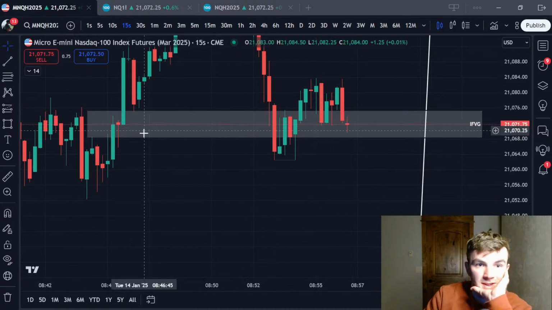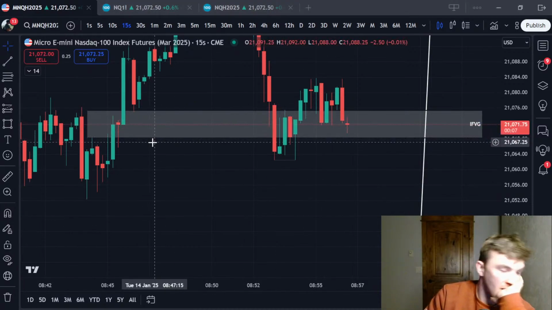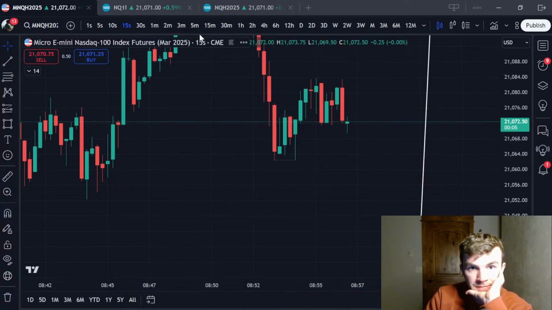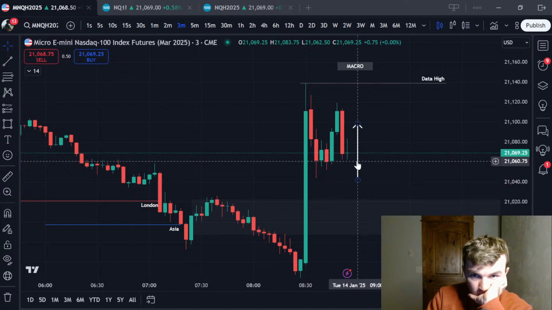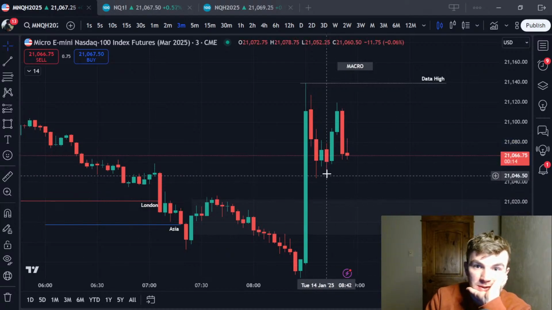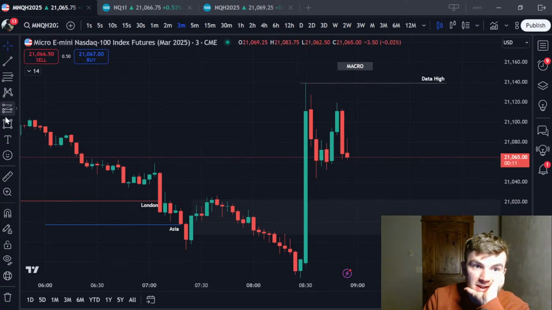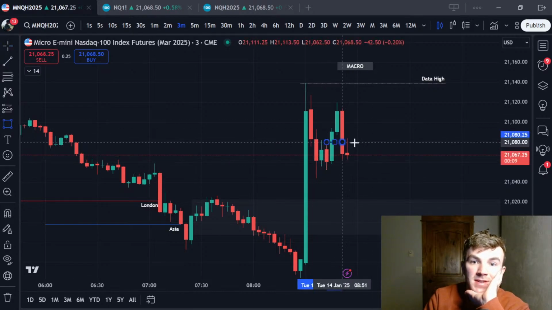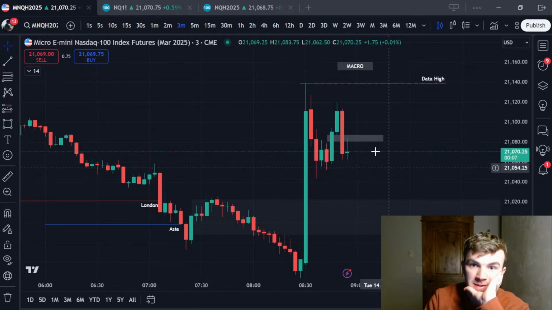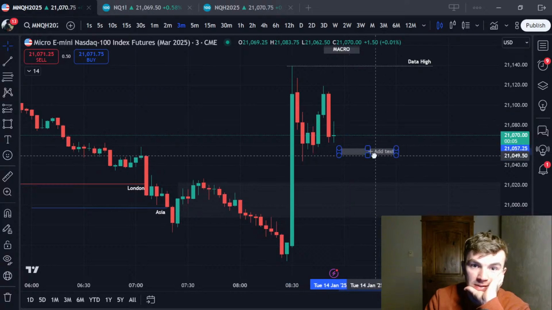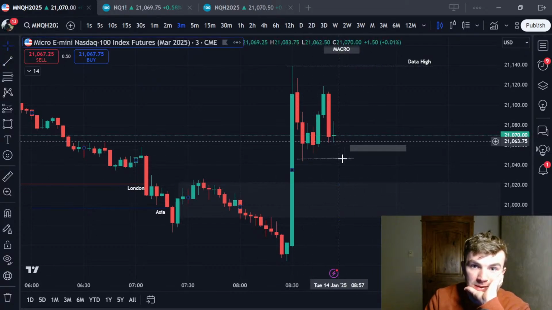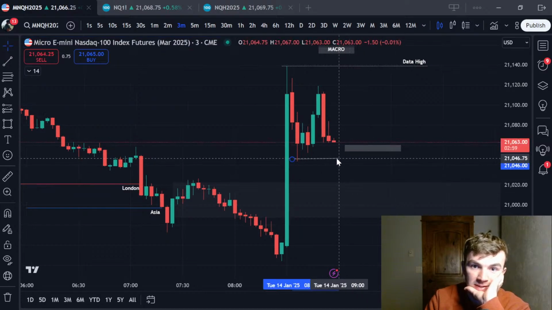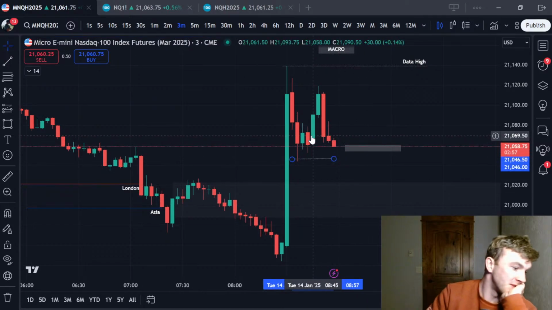Three-minute inverse, don't like it. You don't, meaning you wouldn't take this. Personally, I'm looking for an inversion back to the upside to go to the data high. So I want to see these lows get swept out into the breaker, and then I want to see us go up to the data high. That's personally what I want to see, but what are you thinking, FA?